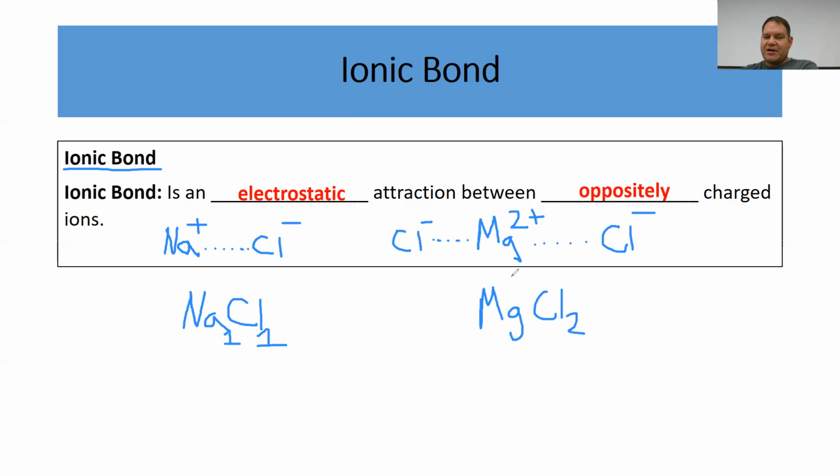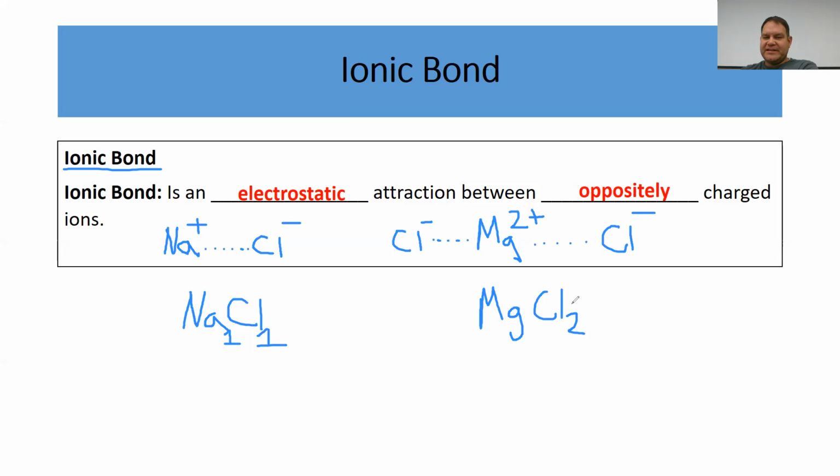Okay, again, we've dropped the charges because now it indicates to us that we have balanced charges. We have the same number of positive and negative, all right? But what we need to have is the ratio between those atoms, those ions. So it gives us a better understanding of how many atoms we needed to balance out the charges in the first place.